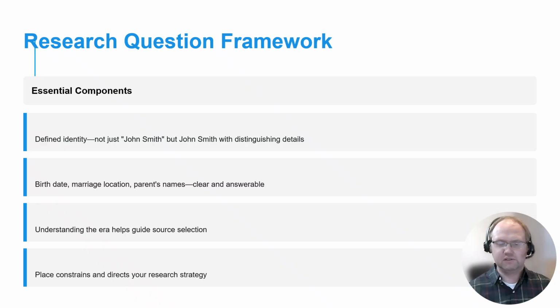Geography will also eliminate other candidates. Well, if your John Smith was definitely in Virginia in 1840, then John Smiths that were living in Ohio at the same time, or some other part of the country, you can eliminate those. You don't even have to consider them.